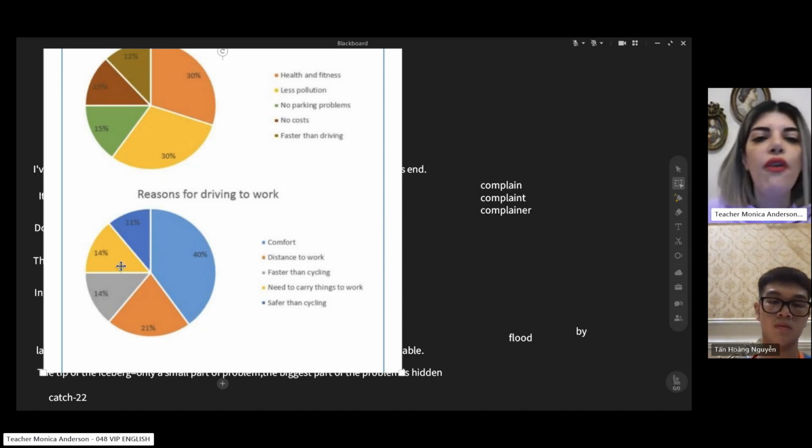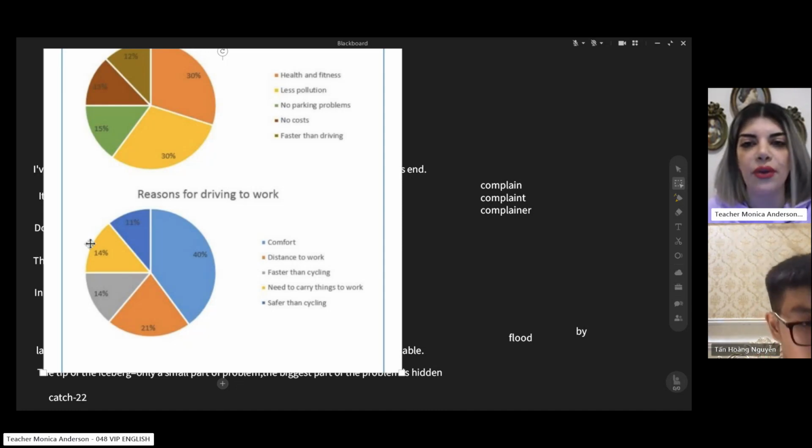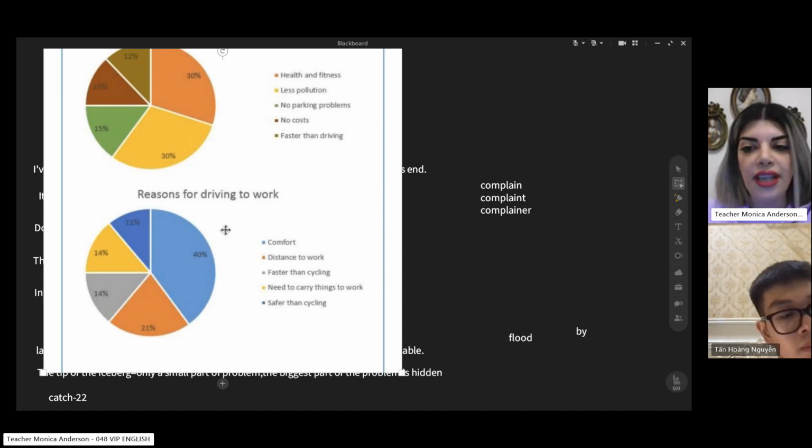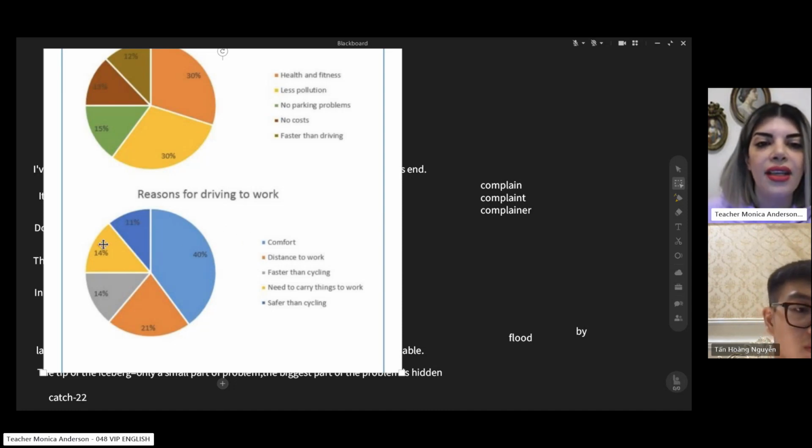For 40%, we have 14%. For 14% of people, we have a faster journey, and of course, the need to carry things to work.